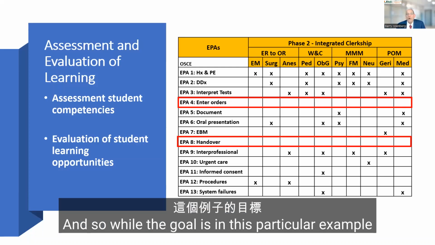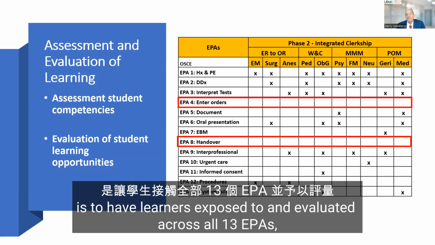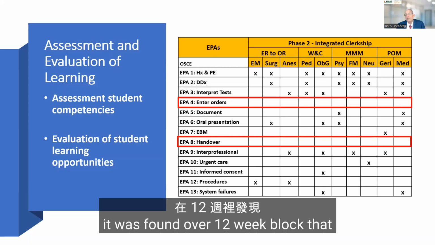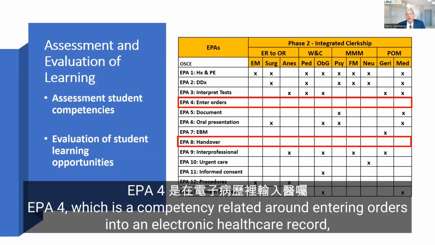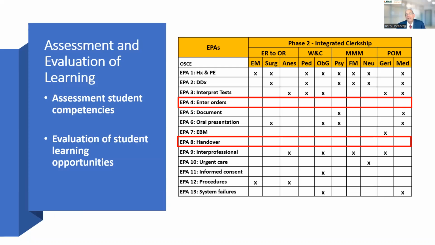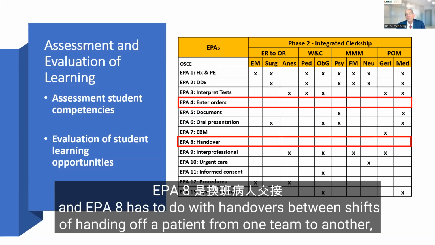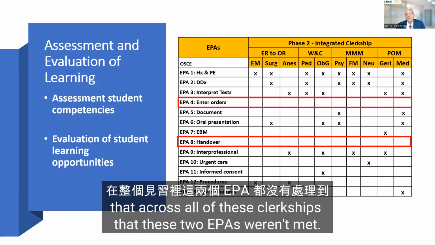And so while the goal, in this particular example, is to have learners exposed to and evaluated across all 13 EPAs, it was found over one 12-week block that EPA 4, which is a competency related to entering orders into an electronic healthcare record, and EPA 8, which has to do with handovers between shifts, handing off a patient from one team to another, weren't met across all of these clerkships.